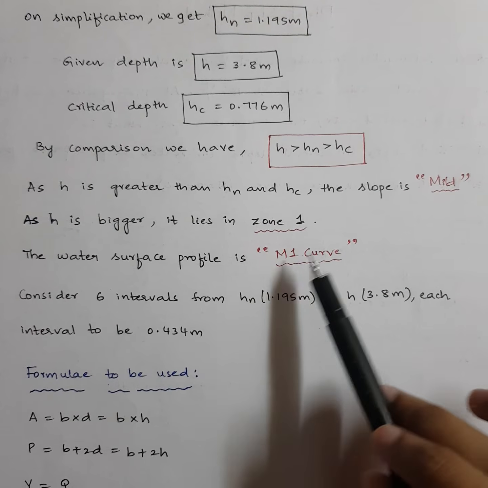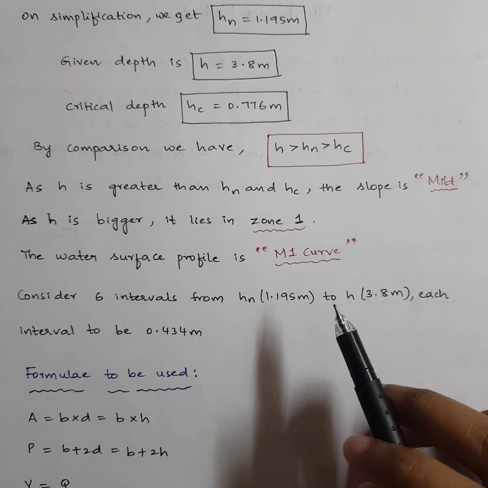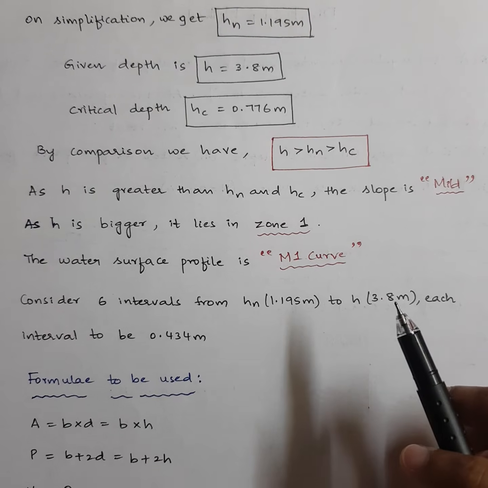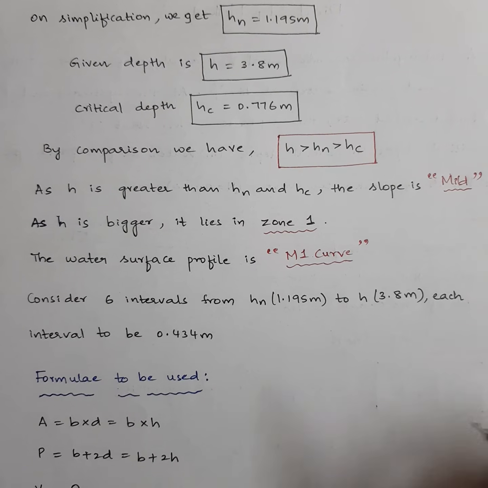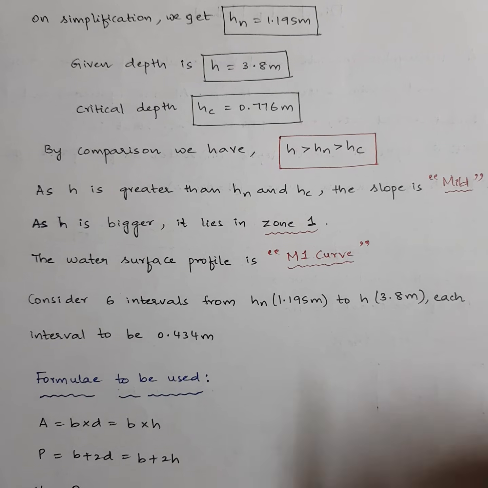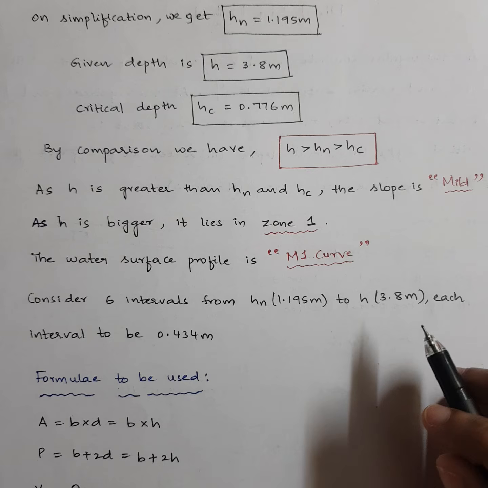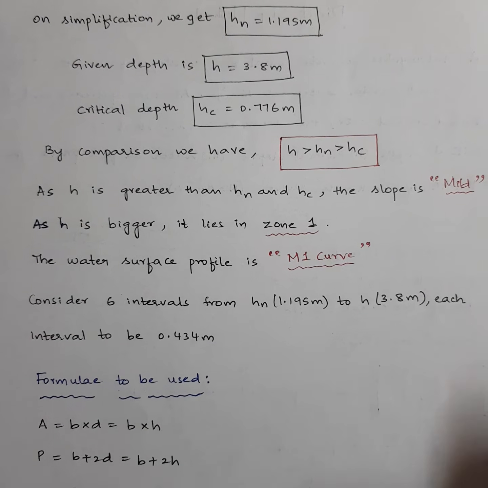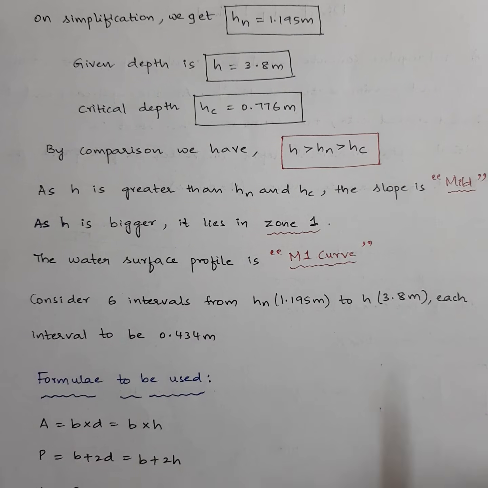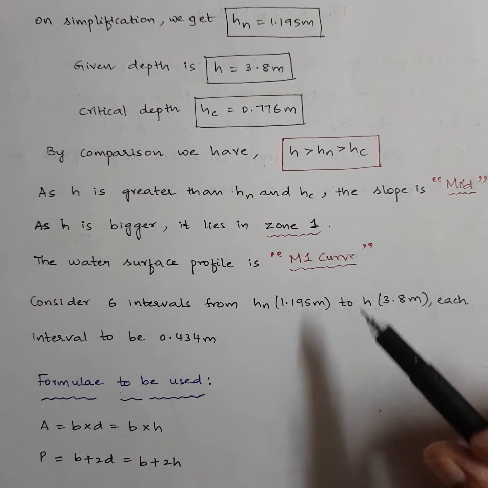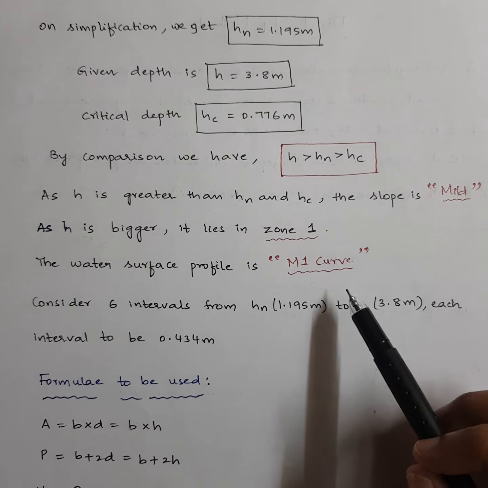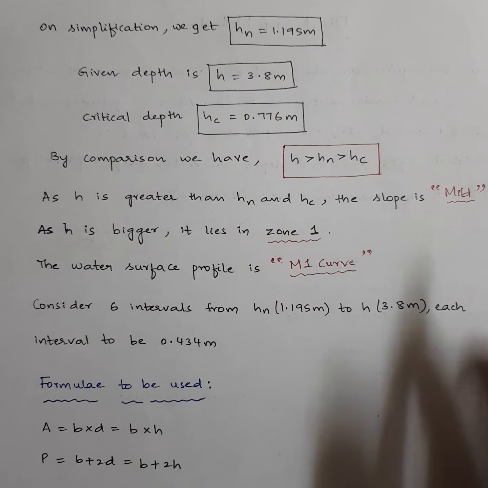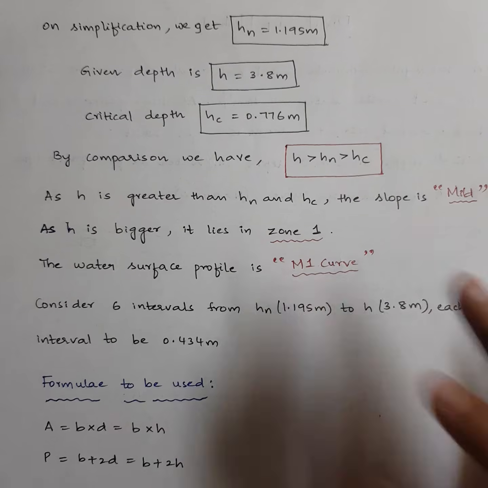This is what is important for us in determining the surface profiles. We can go through the surface water profiles, then you'll understand what M1, M2, M3, A1, A2 and so on are. So by observing these three relations, we have to check under which category our surface profile falls. According to this relation, our surface profile now is an M1 curve. This is what you need to write, since the question asked about the surface profile.